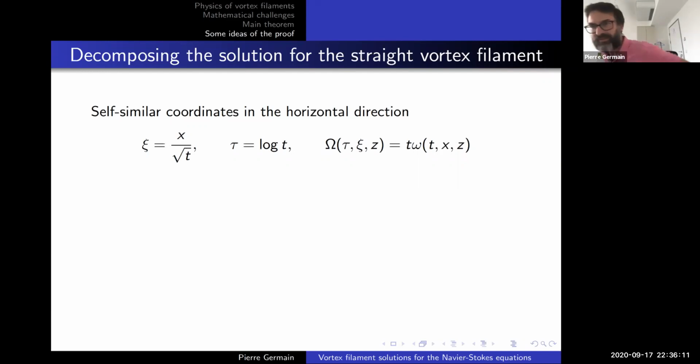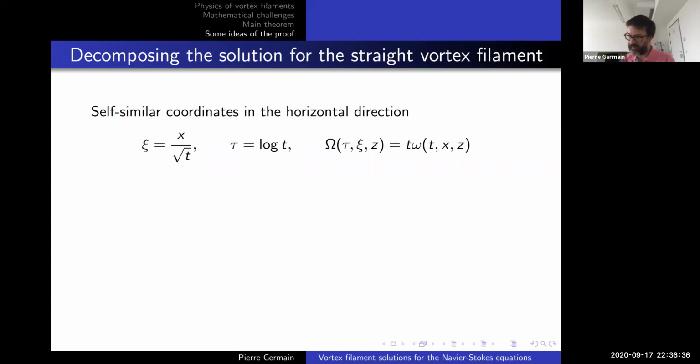So that's the main idea. In order to formalize that, we're going to introduce self-similar coordinates just in the horizontal direction. So let's start with the straight filament. The filament is a vertical line.